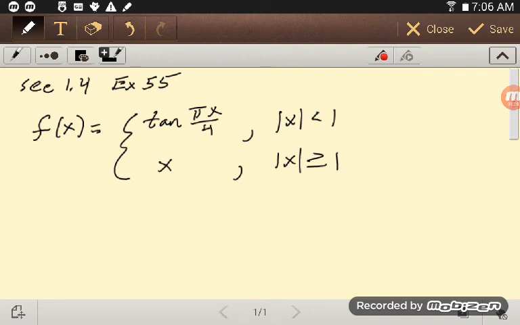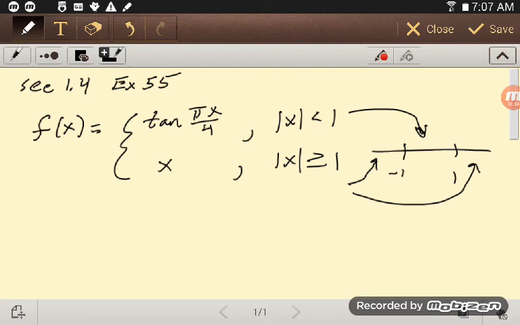So, if we're looking at the number line here, there's -1, there's 1, and so this top part is in there, but the bottom part is actually here and there. Generally speaking, x is a fine function, and tangent of pi over 4 times x tends to have discontinuities.